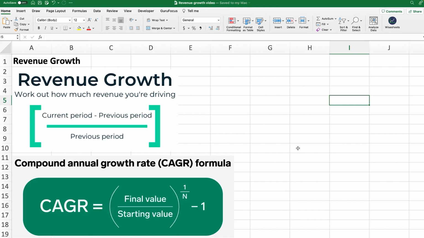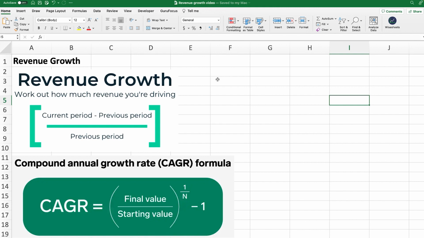For example, right now we're in the year 2023. Imagine you have a business and you want to compare your revenue from 2023, let's say you already have your numbers set up, versus the previous year, 2022. Let's say that your revenue in 2023 was $20, just to keep the numbers simple, and the revenue in 2022 was $15.